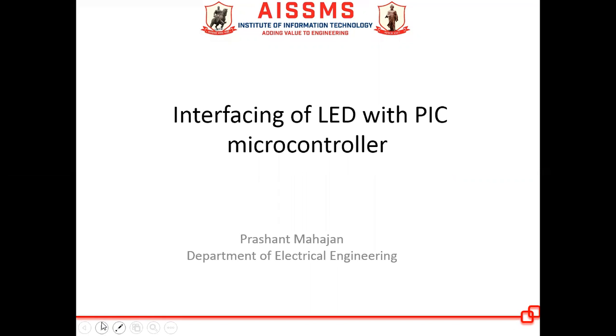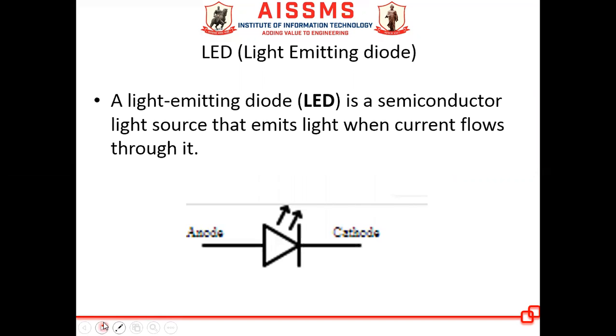In this video, we'll take a look at interfacing of LED with PIC microcontroller. LED is a light emitting diode. It's a semiconductor device which emits light when a current flows through it. So it has two terminals, one is anode, second is cathode.